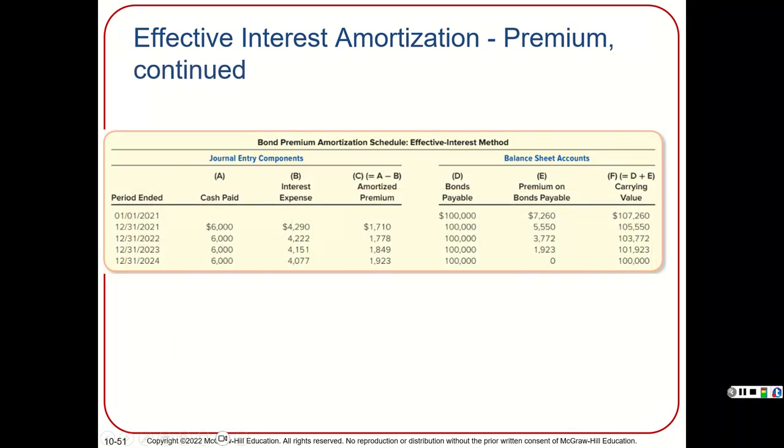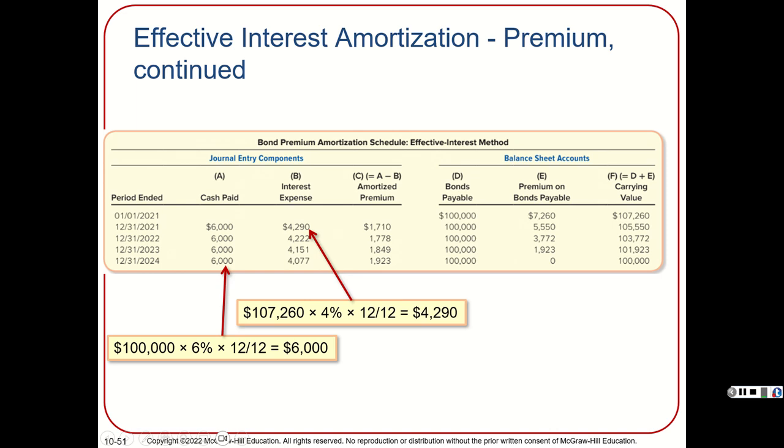So this is based on market rates. This is the cash that was paid, never changes, but the interest expense changes based on the market rate each year.